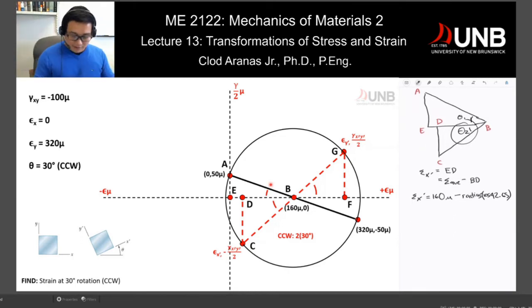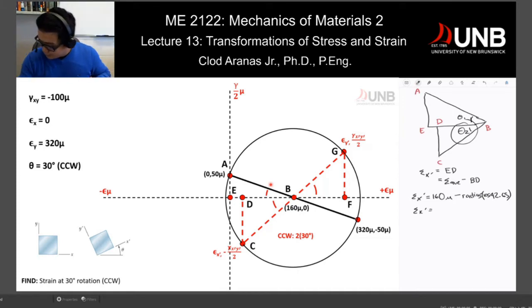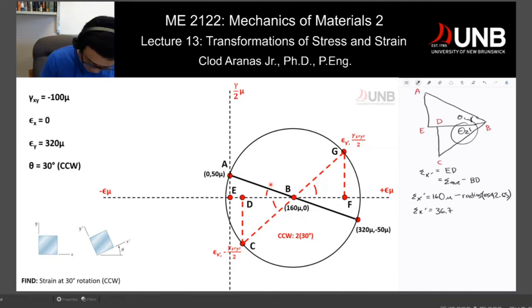Now once you calculate this, epsilon x prime is equal to 36.7 mu, which we did using equations earlier. That would be for x prime. Now, how about epsilon y prime?